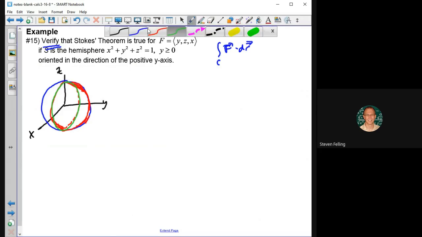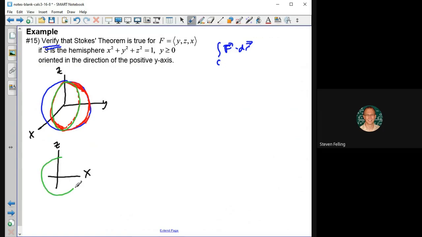If I were to just draw the xz plane here, then that green curve, we'll stick with green, would be a radius 1 curve, right? And I could parameterize that as a circle. I would probably go with the radius being 1, and we're going to parameterize it with t being an angle, theta.